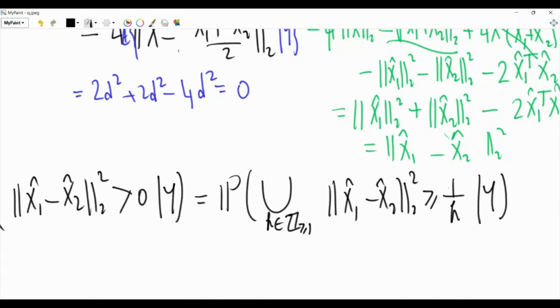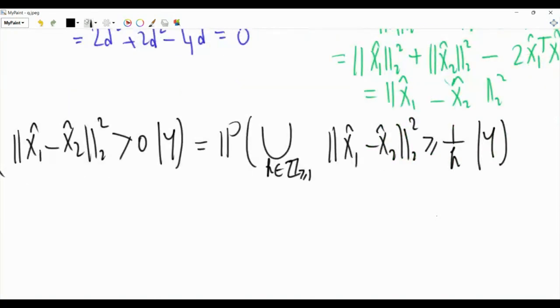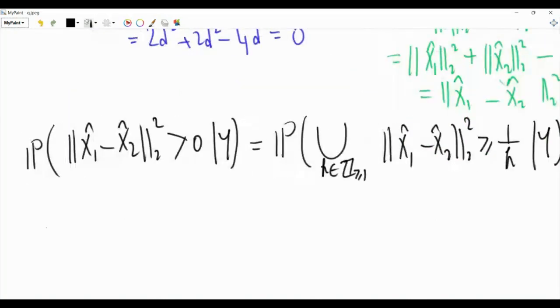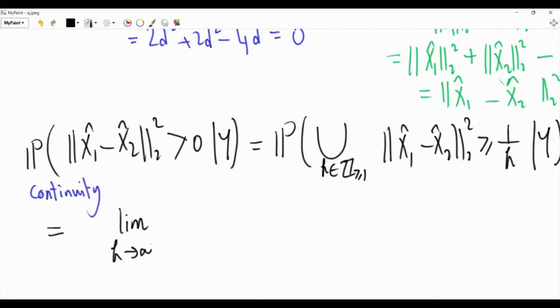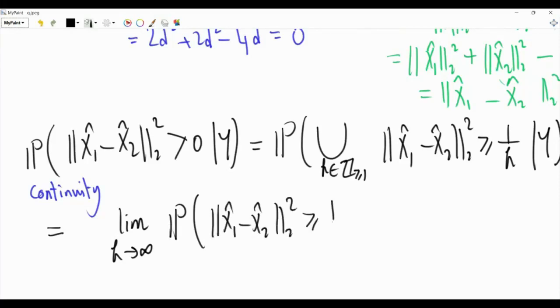If the L2 norm squared is greater than or equal to 1 over some positive integer, then it is positive. And if the L2 norm squared is strictly positive, then there must be some integer, say m, such that the L2 norm squared is greater than or equal to 1 over m. Now, by the continuity of probability, this is the limit as k tends to infinity of the probability that the L2 norm squared is greater than or equal to 1 over k given y.